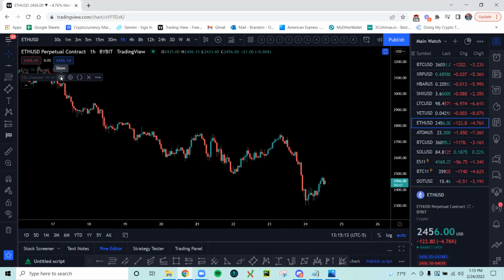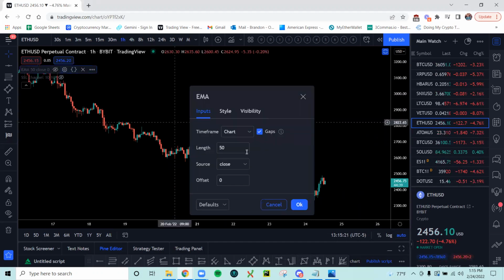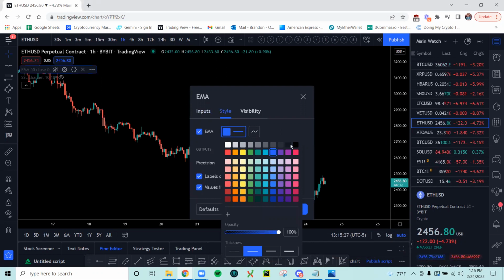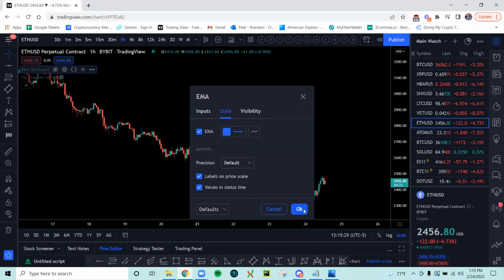Now the SSL channel, there's not going to be any changes there. But for the exponential moving average, you'll go to the settings and change the length to 50. And I like to put the style to blue and make it a little bit darker for my eyes. So you'll click yes.